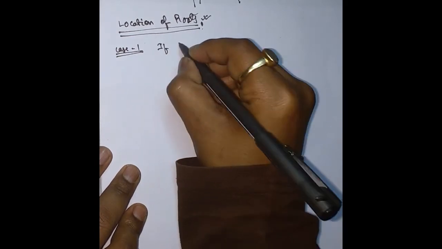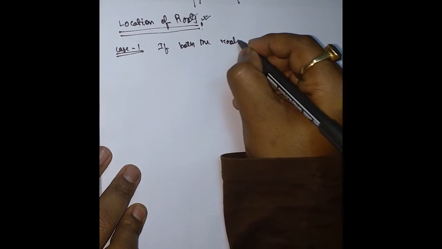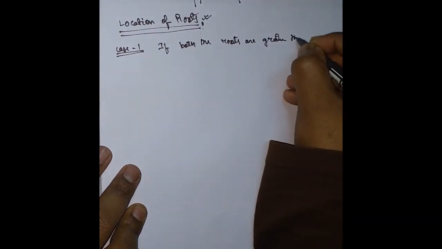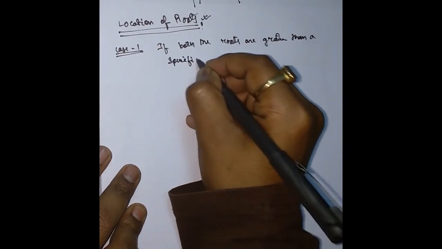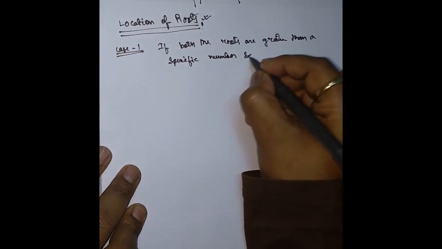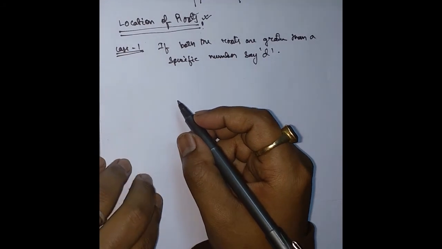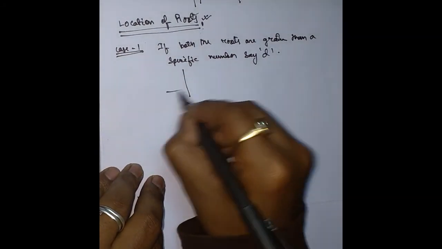If both the roots are greater than a specific number, say d, how will the parabola look like?